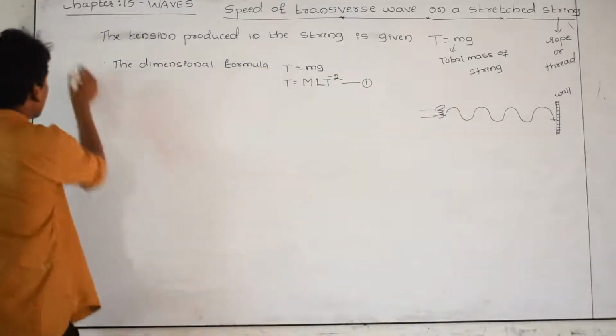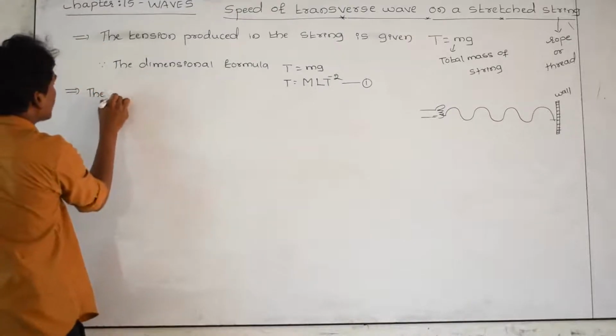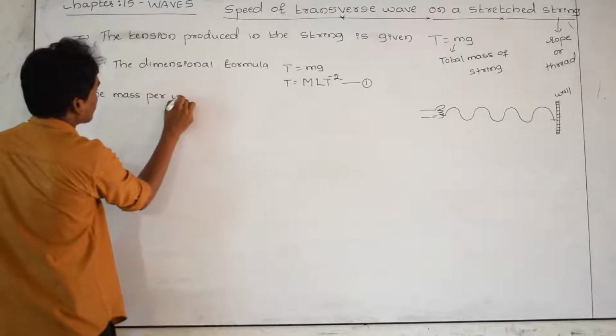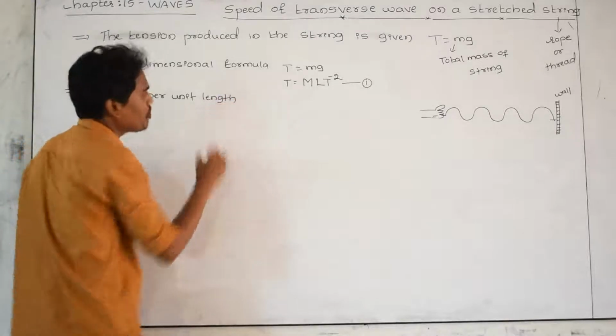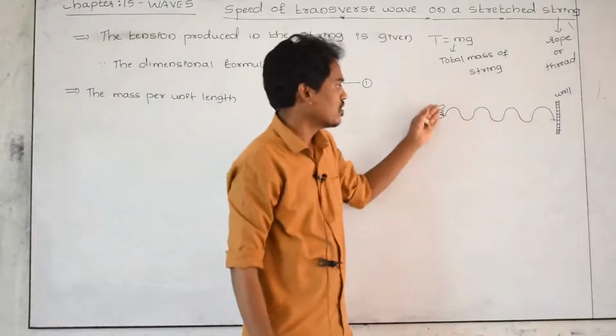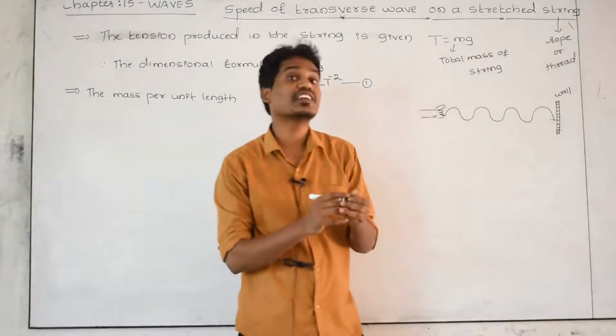And next, what I am considering, the mass per unit length of wire. What is mass per unit length? Because the speed of the wave in the rope, the speed of wave in the solid medium, depends upon the inertial properties.